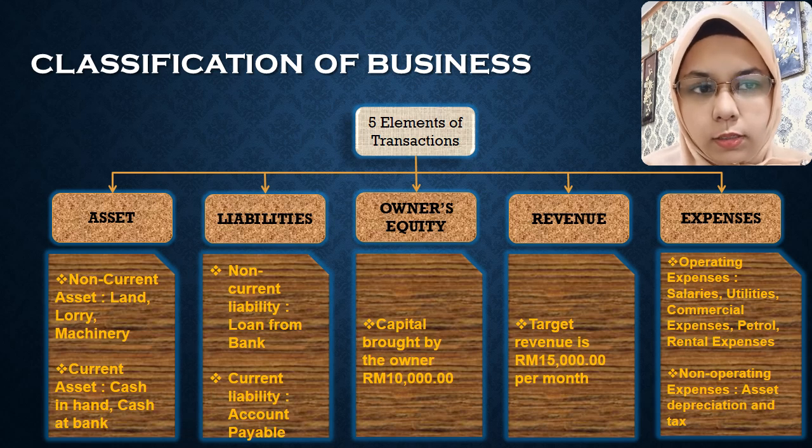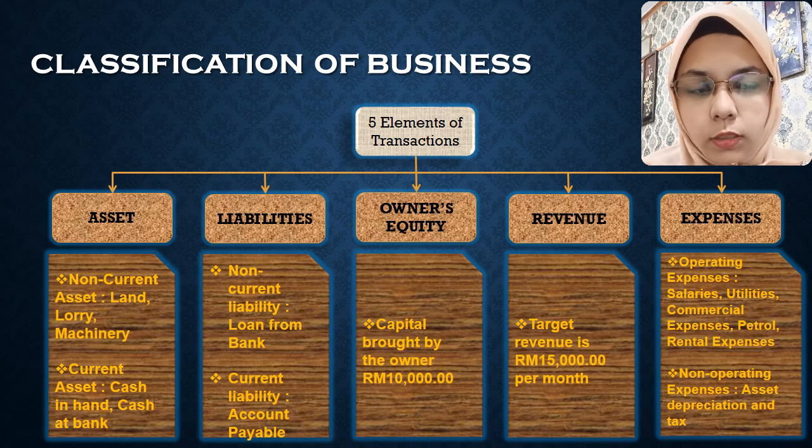Non-current asset is a tangible asset with a lifespan of at least 1 year and usually longer. Current asset is an item that is completely consumed, sold, or converted into cash in 12 months or less.